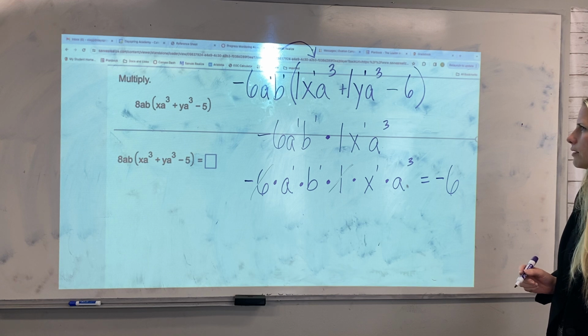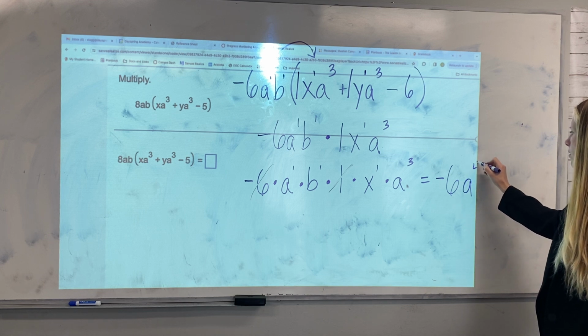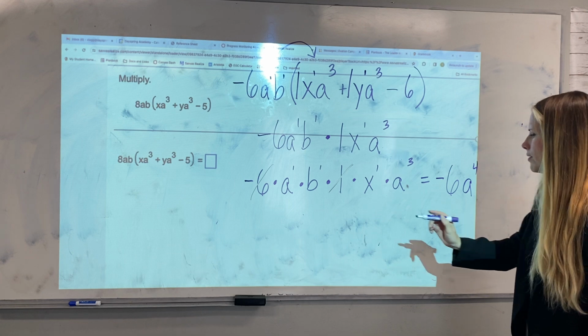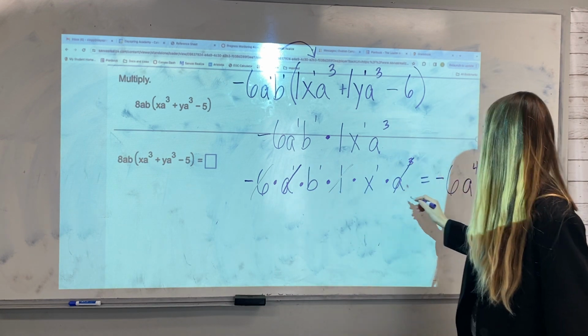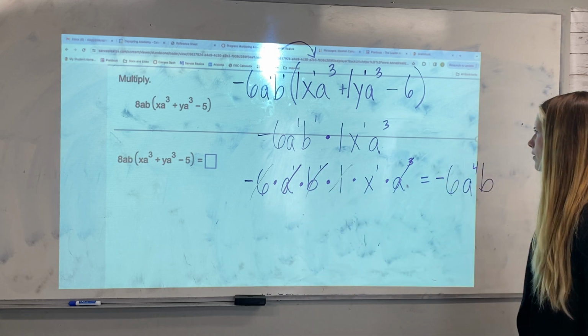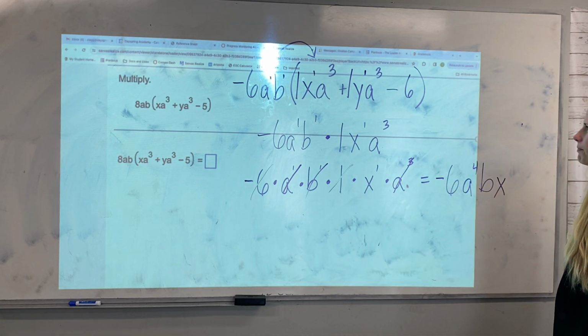Okay. And then that's going to be a to the fourth power. Good. And then b's just going to stay there, so it's going to be b. And then it's just going to be x. Yep. That's your first term. And your final answer.